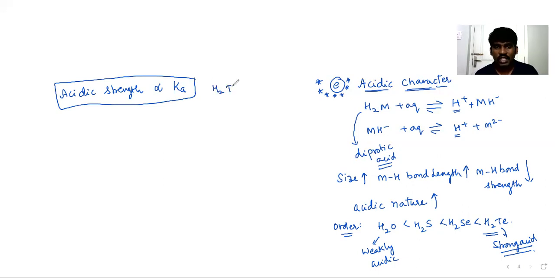H2Te has a high Ka value, whereas H2O has a low Ka value. Based on Ka value, as well as experimental determination, H2Te is the stronger acid and H2O is the weaker acid. That is about acidic character.